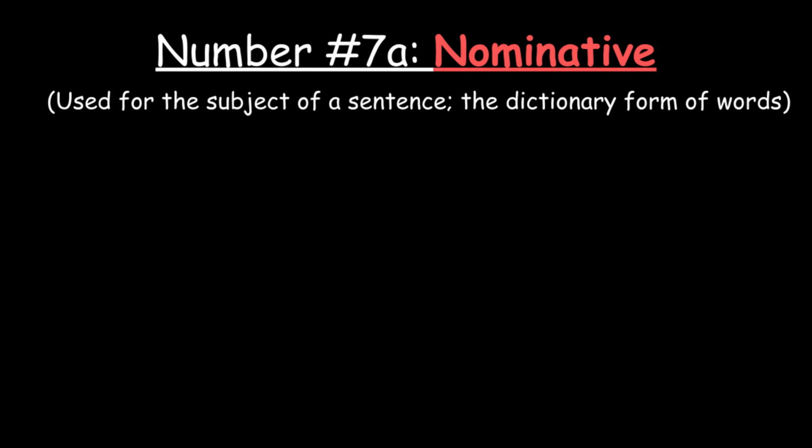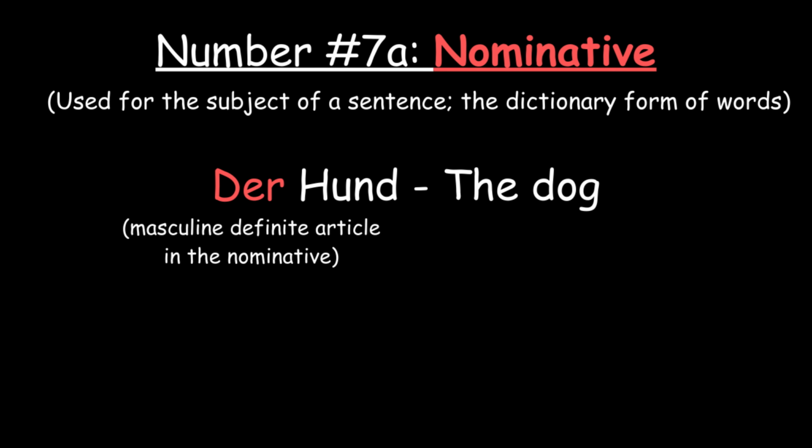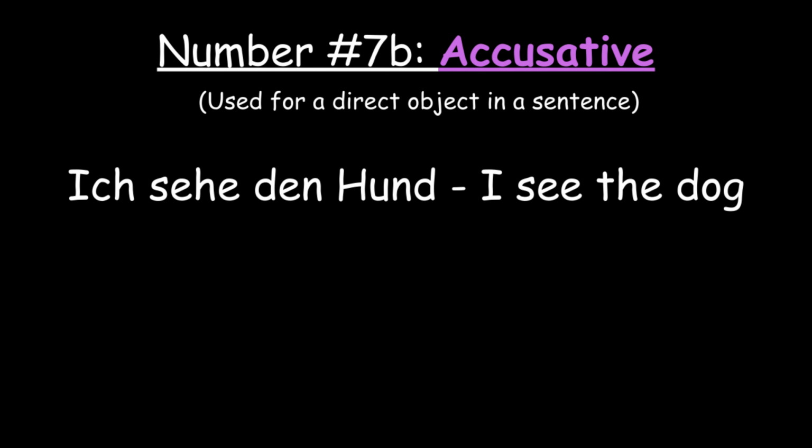The nominative is used for the subject of a phrase, and it's the dictionary form of words. An example is der Hund. The dog. We have the masculine definite article the, which is der in the nominative. The accusative is used for a direct object in a sentence.